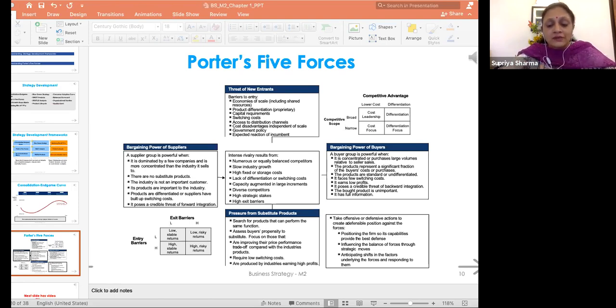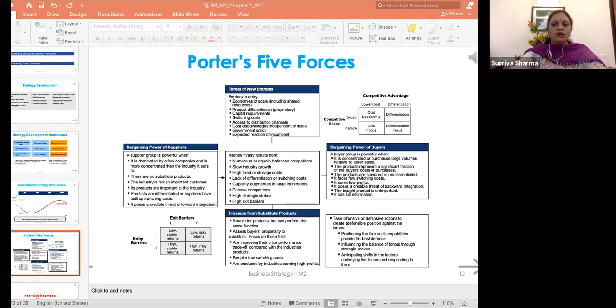But when close substitutes are available, customers will have the option to forego buying a company's product, and the company's power can be weakened. So if there are no close substitutes available, then the company will have the advantage. But if there are too many substitutes available, then the company's power will be weakened.